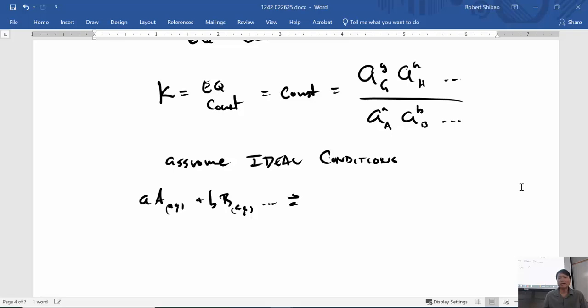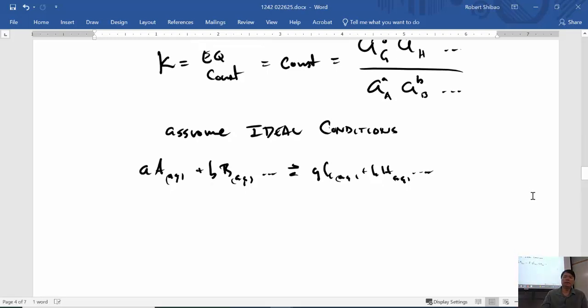It could be one reactant, two reactants, or more. Goes to one or more products, dot, dot. Then K, we're going to call Kc. This C stands for concentration.